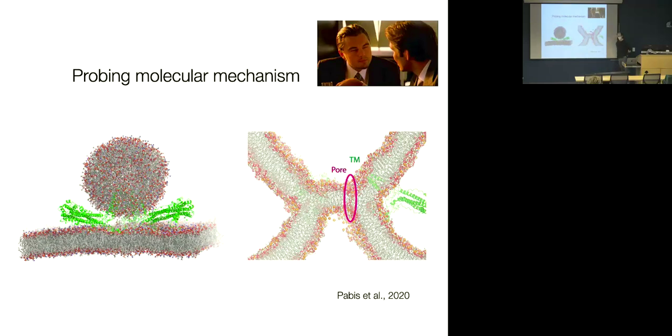Very briefly, one of the things we do in the lab also is molecular simulation. So this is going much, much deeper than the fluorescent assays that just report on viral state changes.